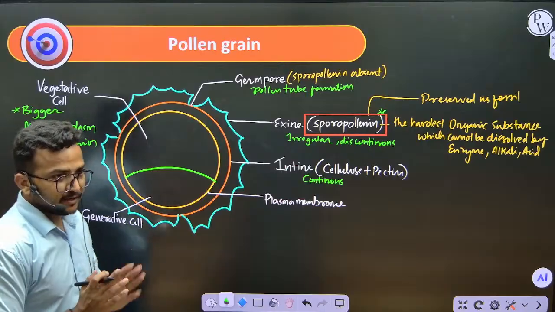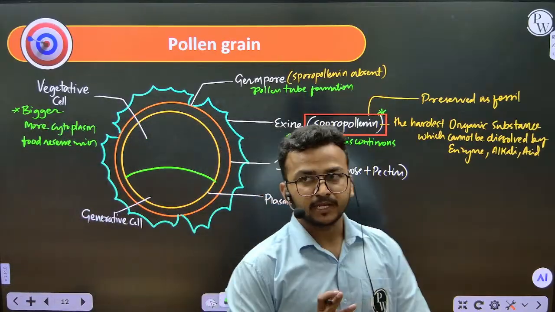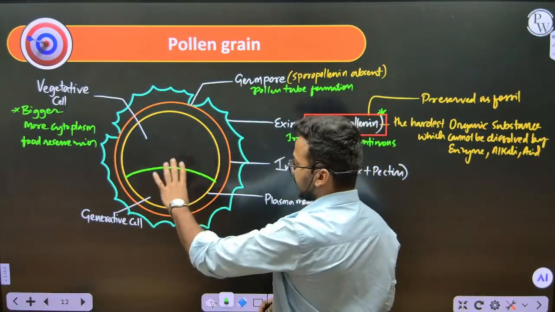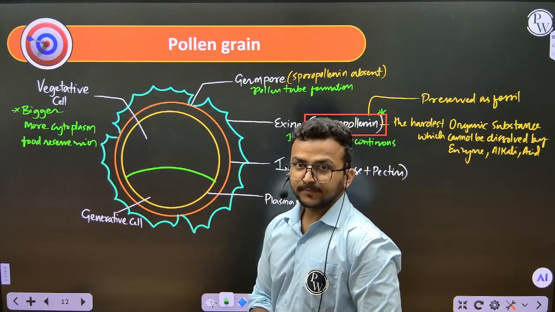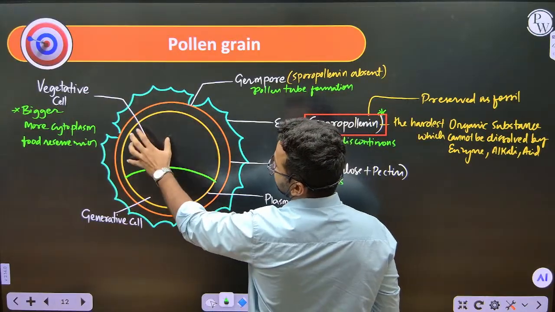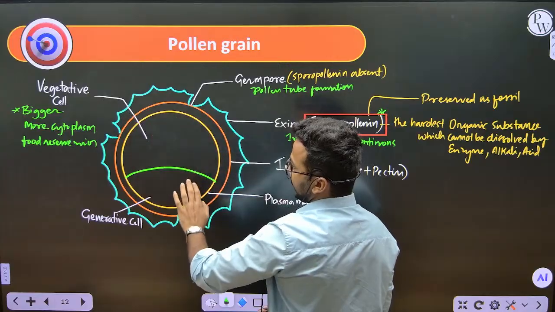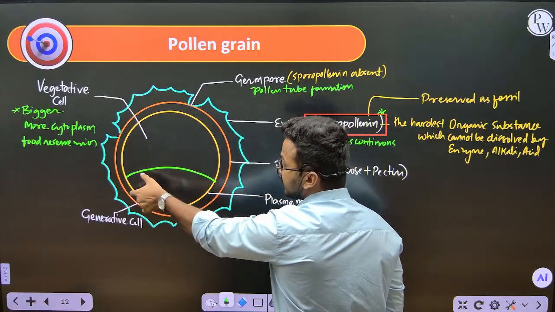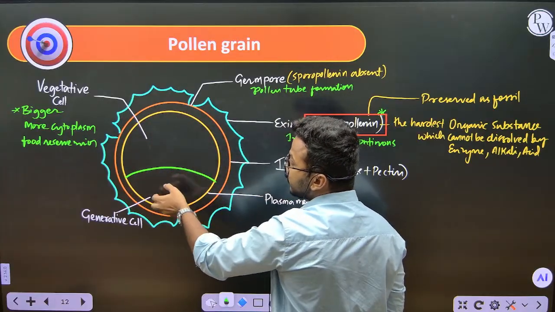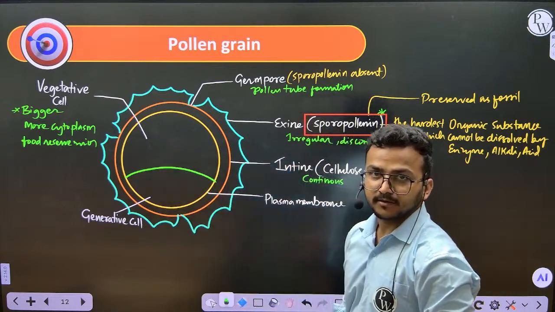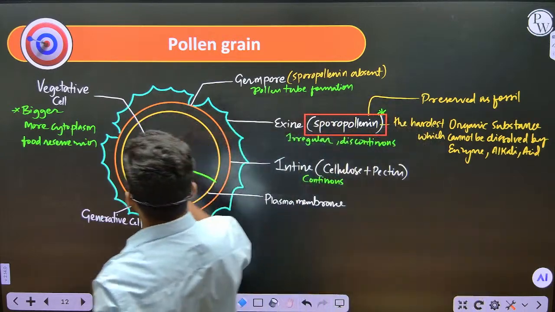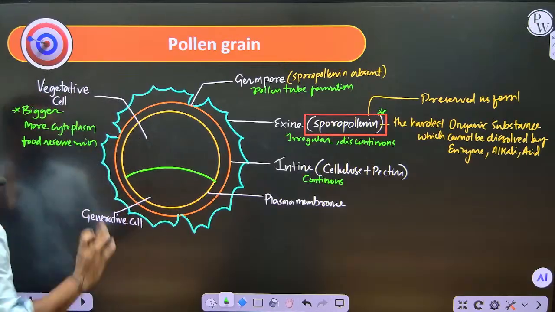So when we see this cell as an asymmetric division, this is the vegetative cell, and in that, the generative cell will be floating in this vegetative cell. So we know that the vegetative cell is bigger.